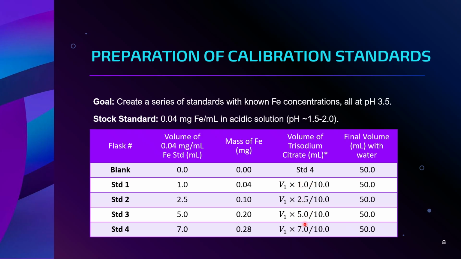If you are working with 2.5 ml iron standard, you multiply V1 by 2.5 and then divide it by 10. All these factors remain the same apart from the volume of iron standard. By doing so, the condition is now set up to add hydroquinone, then OPT, and then you can make up the volume of the standard to 50 ml.